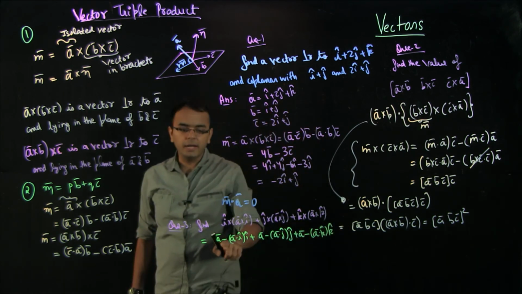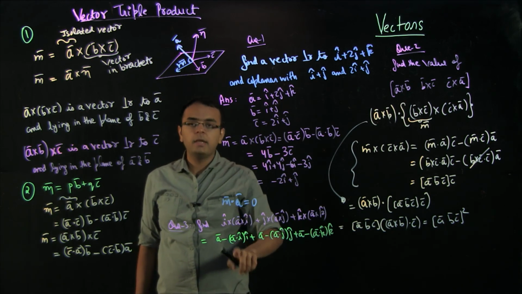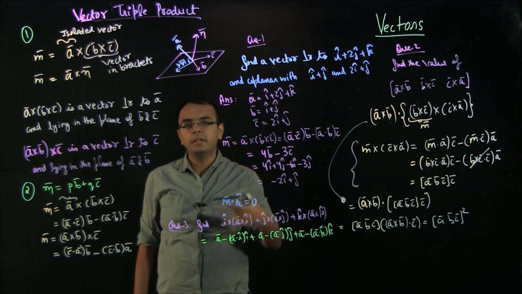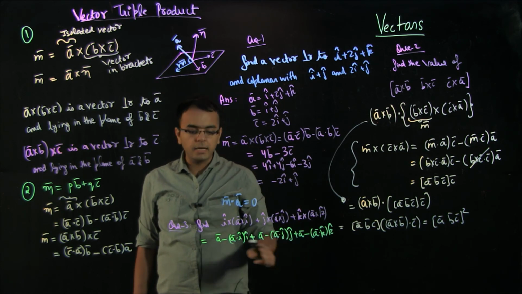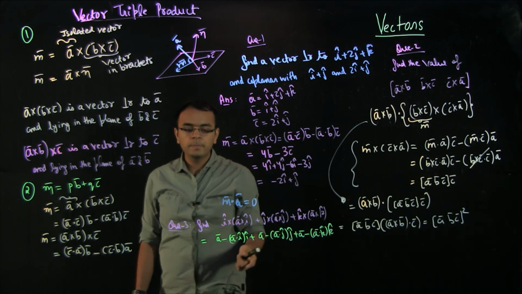And A dot I is nothing but, if A vector is AX I cap plus AY J cap plus AZ K cap, then A dot I is AX.